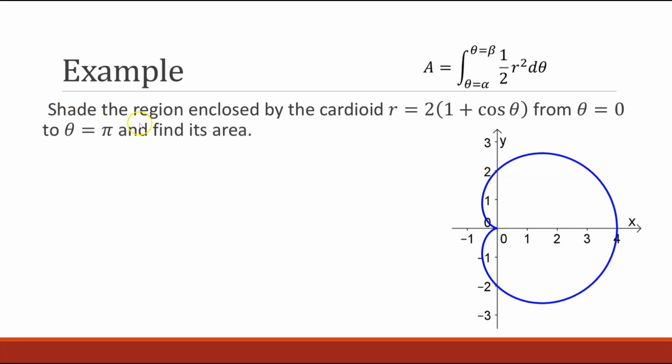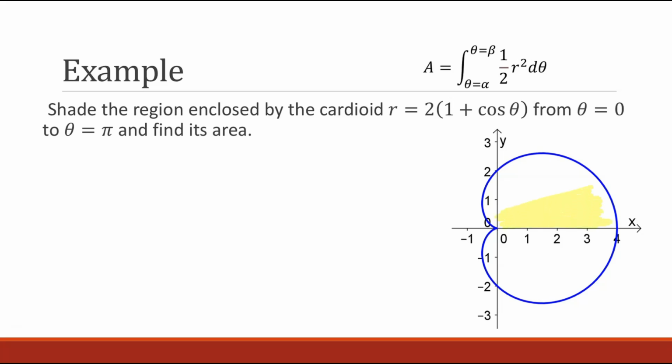In this example, we want to shade the region enclosed by the cardioid r equals 2 times the quantity 1 plus cosine theta from theta equals 0 to theta equals pi, and find its area. So here the polar curve is graphed, and the region enclosed by the polar curve from 0 to pi is going to be the part on the top of the x-axis.